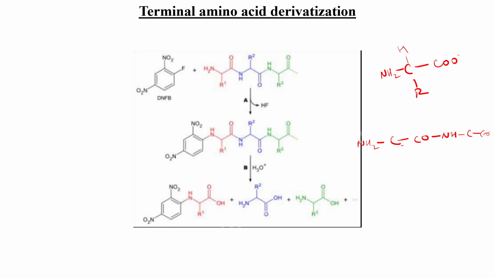So this will be the peptide bond. Okay. So now each peptide will have an N terminal and a C terminal. So this DNFB can react to the N terminal, and it can help us identify the N terminal amino acid.